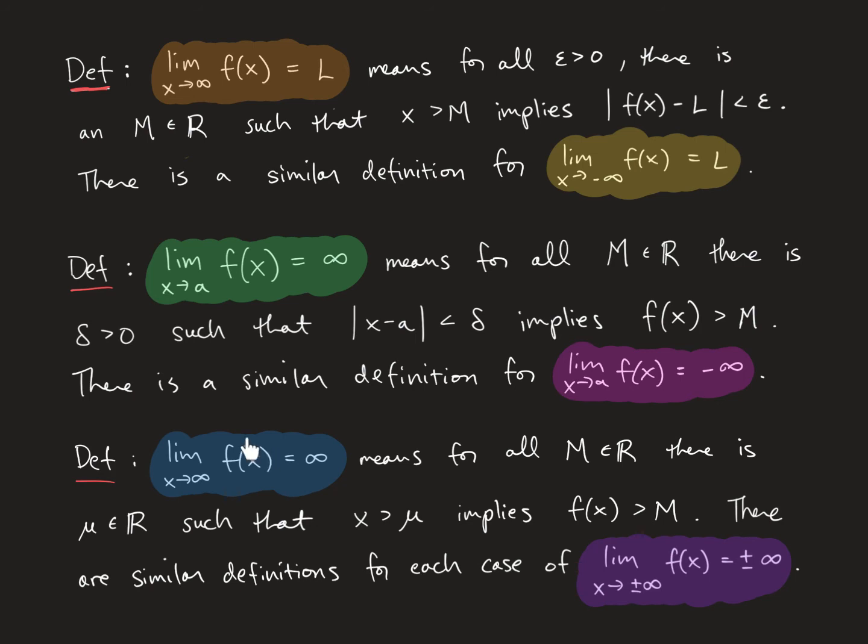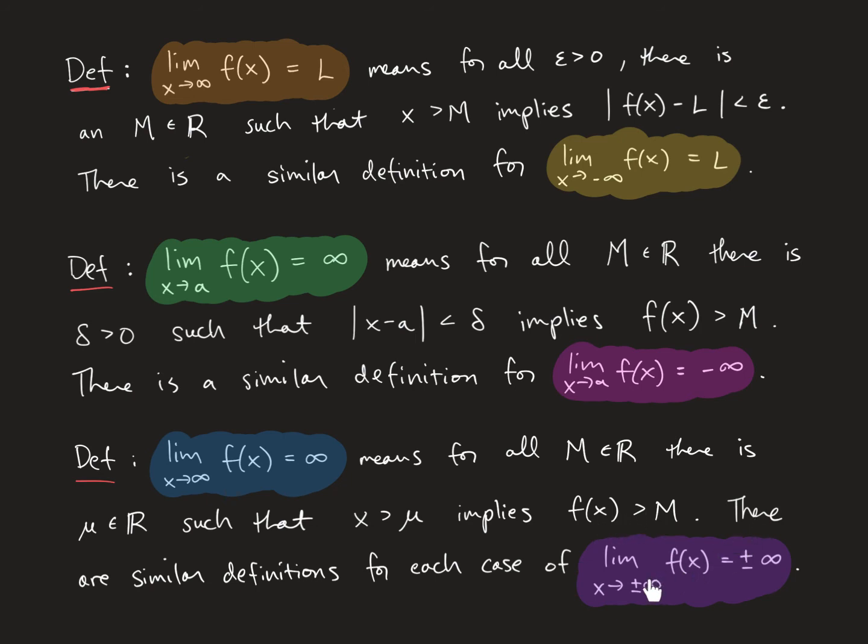And what this means is that f of x is arbitrarily large as x gets arbitrarily large. So for any m, we're saying our f of x can be bigger than this m as long as our x is sufficiently big. So we have to be able to respond with a mu such that when x is to the right of mu, then f of x is to the right of m.